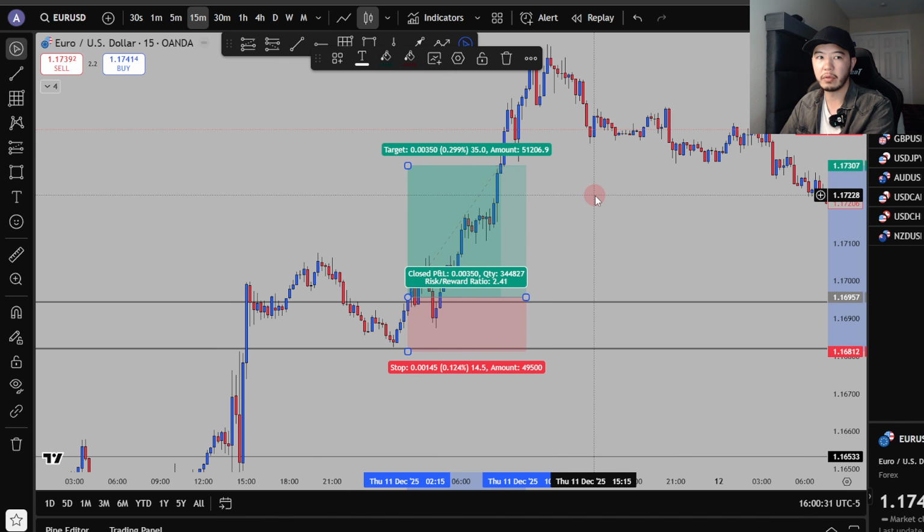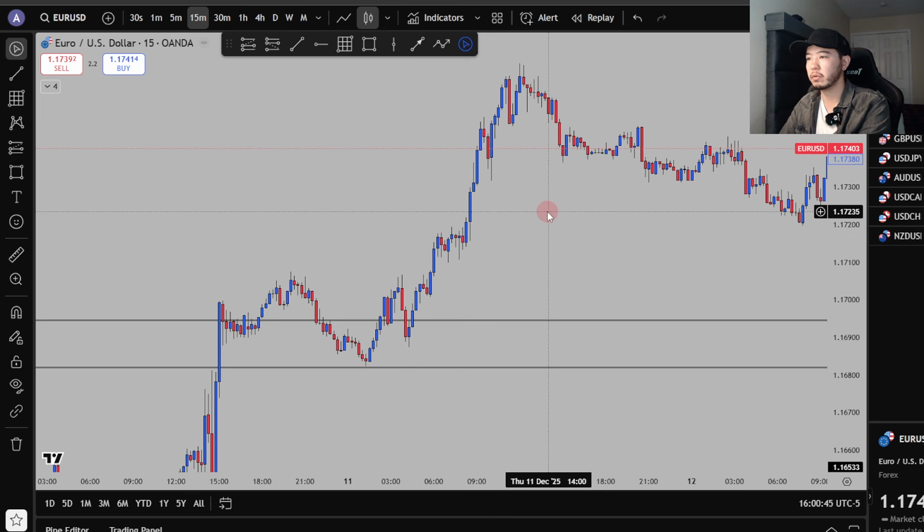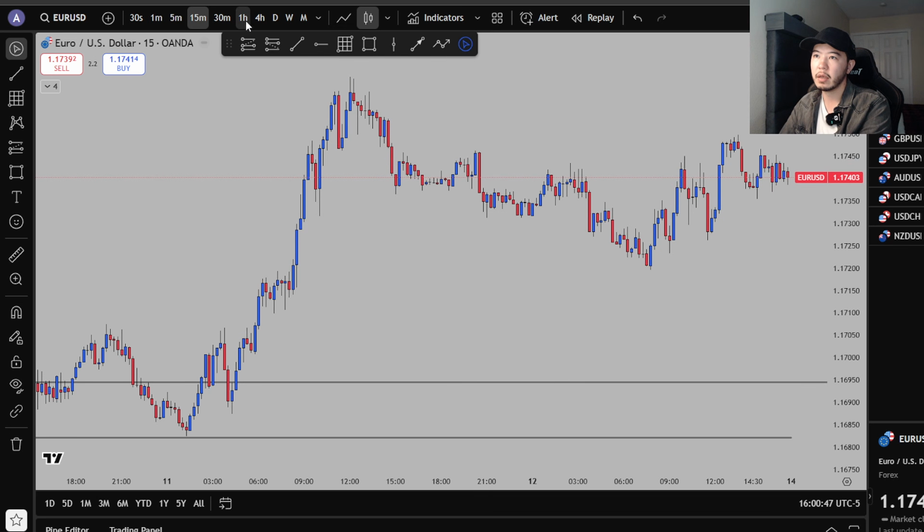So it has to be a round number, like 20, 30, 50, also 15, 25. Like the institutions and the algorithm likes to get out at a certain psychological number. And the more you trade, the more you'll understand it.